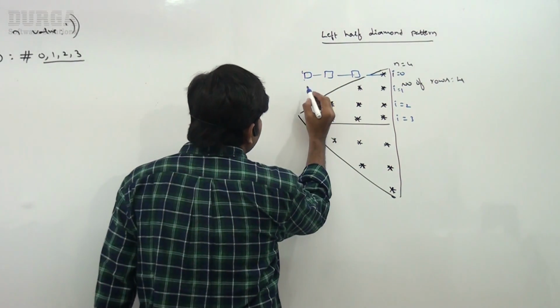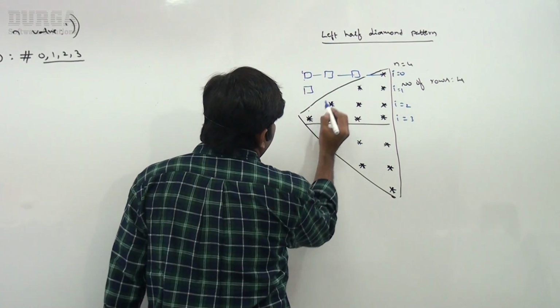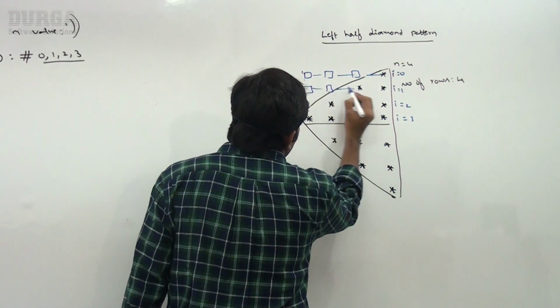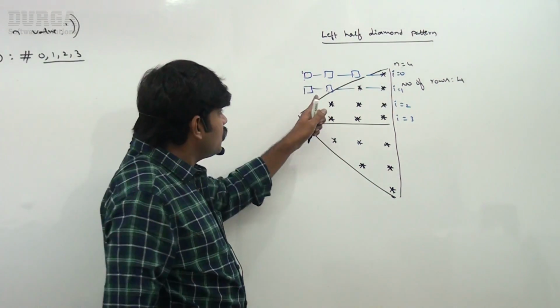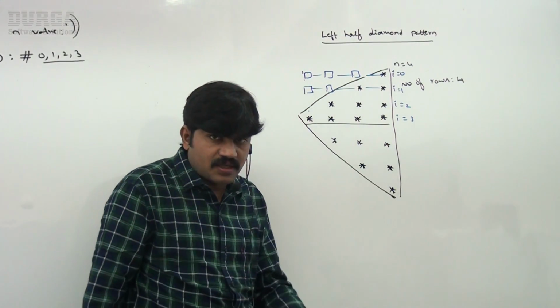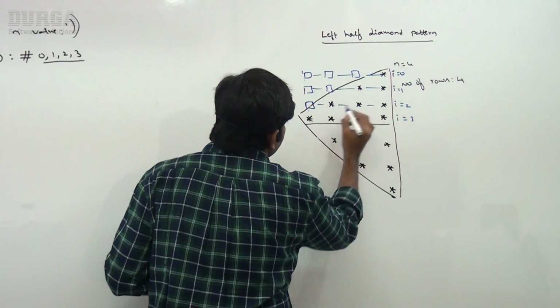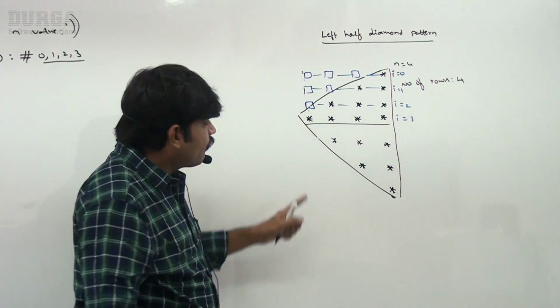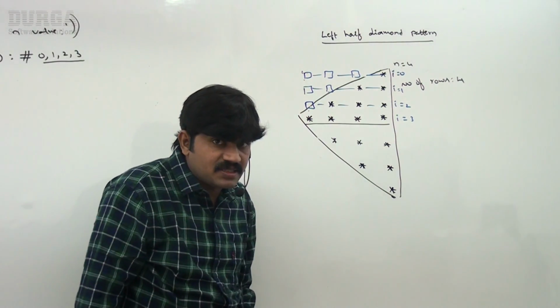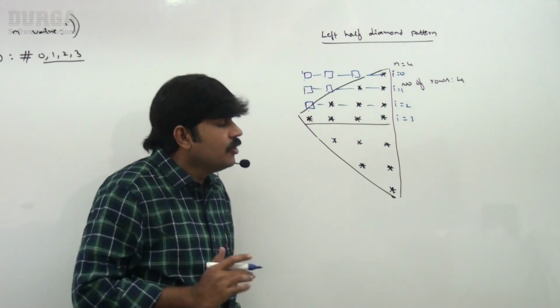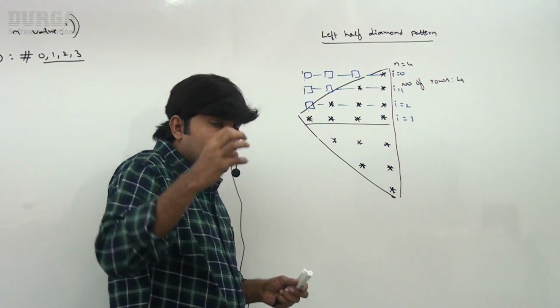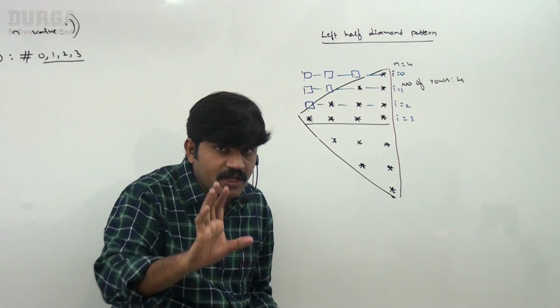Next, second row, sir. 2 spaces followed by 2 stars are there. Next, third one, 1 space followed by 3 stars are available. But the fourth one, sir, how many spaces are there? No spaces. So in every row, number of spaces followed by number of stars.